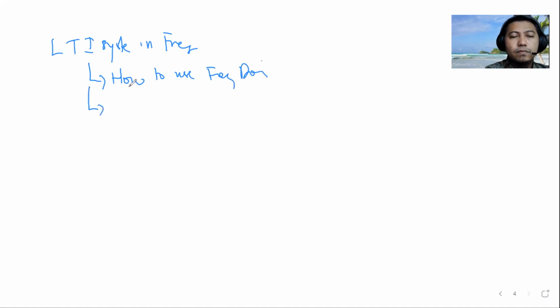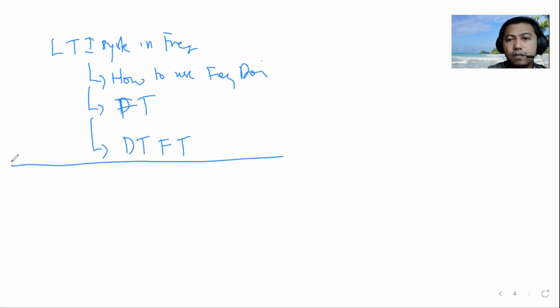And then we already covered how to use the Fourier transform and the discrete time Fourier transform.